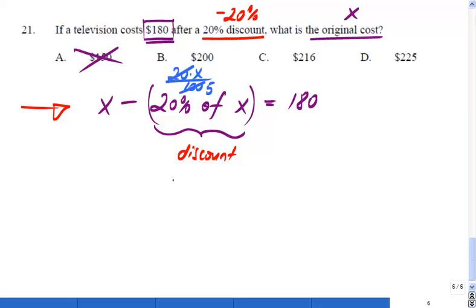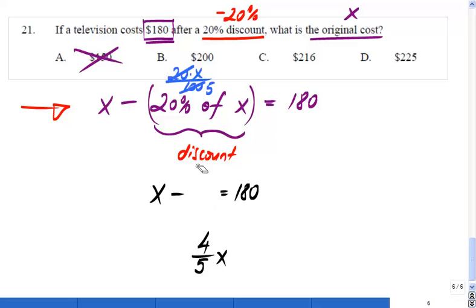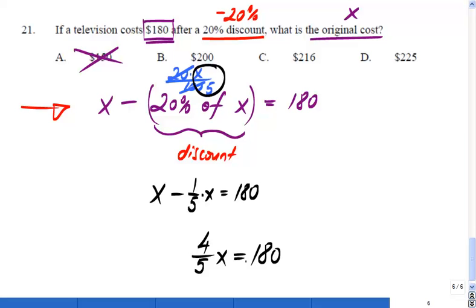So actually your equation here is X minus X over 5 equals 180. But X minus 1/5 of X will be 4/5 of X. And maybe this is confusing here. I should have put it like 1/5 of X, right? Because that's what we have in here. So 4/5 of X equals 180.